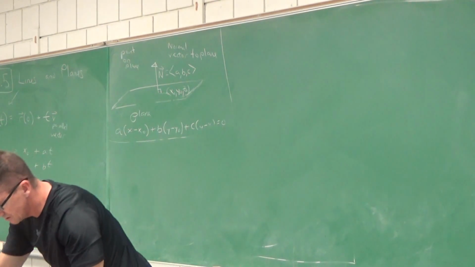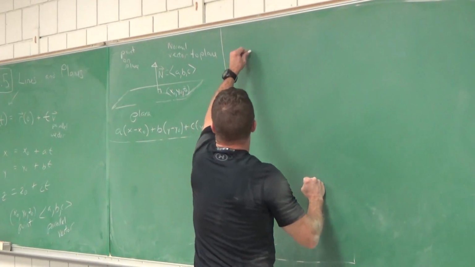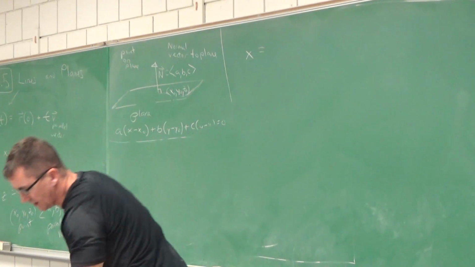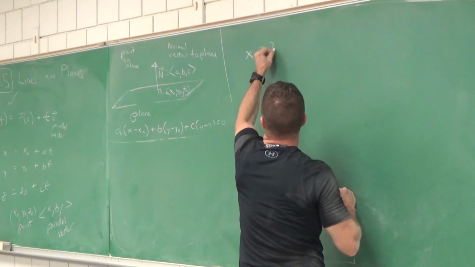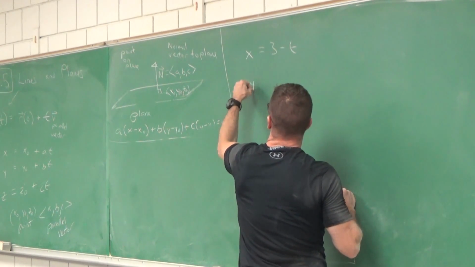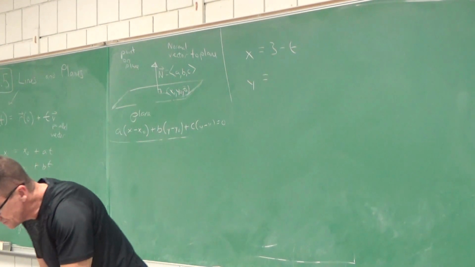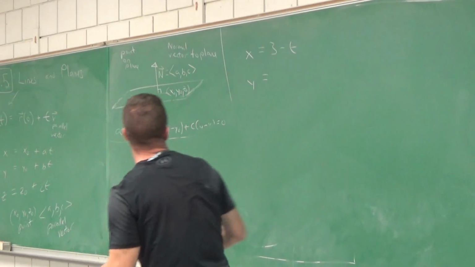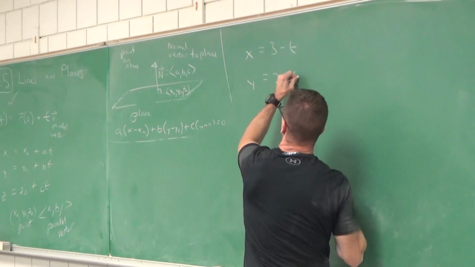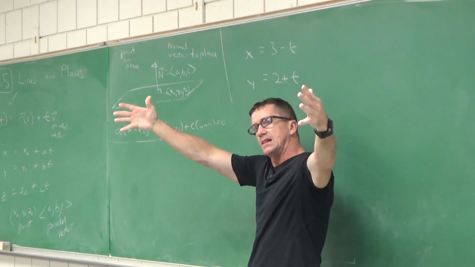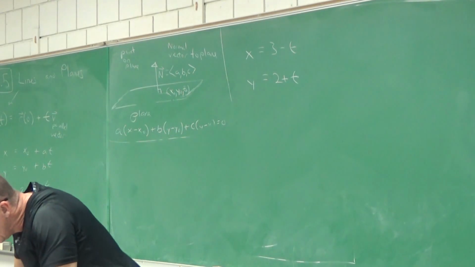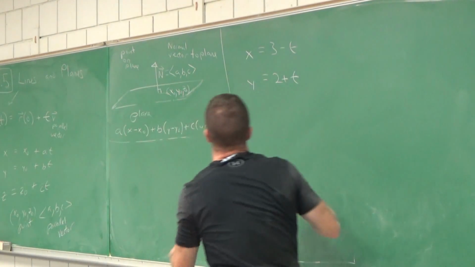This is what they wrote. They gave the parametric equations of a line. x equals 3 minus t, y equals 2 plus t. Remember, I'm writing this vertically. A lot of times it's written horizontally with commas between them. And z equals 5t.